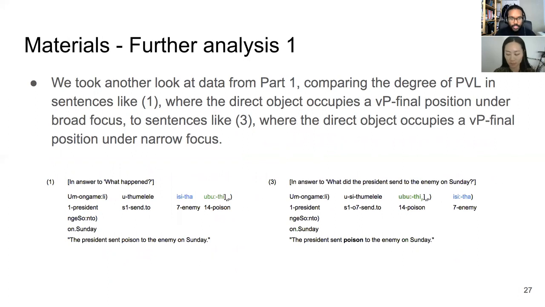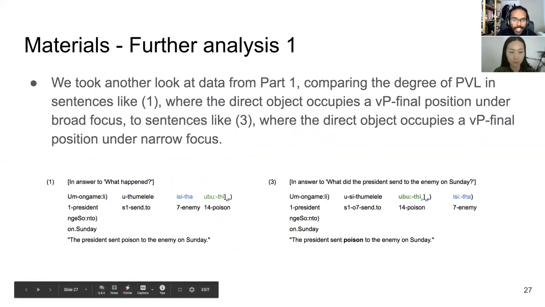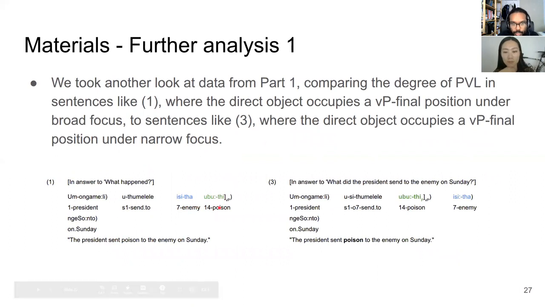So the first part of the analysis, we take another look at data from part 1, where we compare the degree of PVL in sentences like 1, which is a broad focus sentence, in which the direct object, in this case ubuti, occupies the VP final position. And we compare the penultimate vowel lengthening in sentences like that to sentences like 3, in which ubuti occupies a VP final position under narrow focus. So here we're comparing only direct objects.